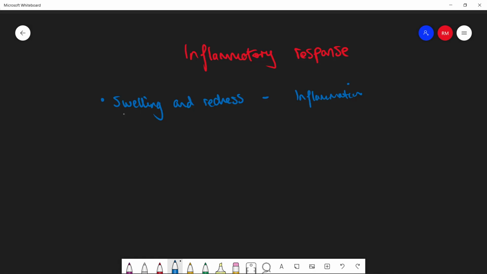So we should note that the presence of microorganisms in the tissue is detected by specialized cells called mast cells. So let's write some steps out here. Microorganisms detected by mast cells.